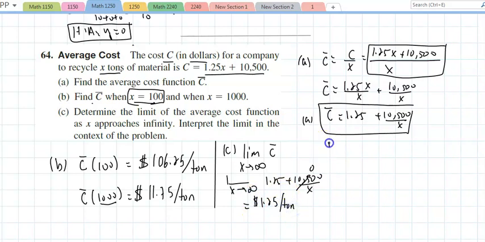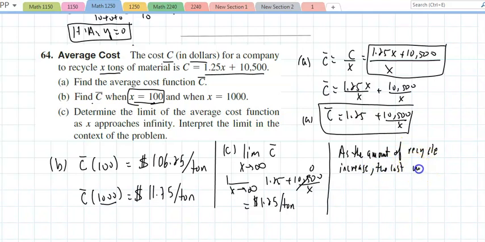What does that mean? That means as the amount of recycling increases, that's what x is, the cost will level off to $1.25 for each ton.